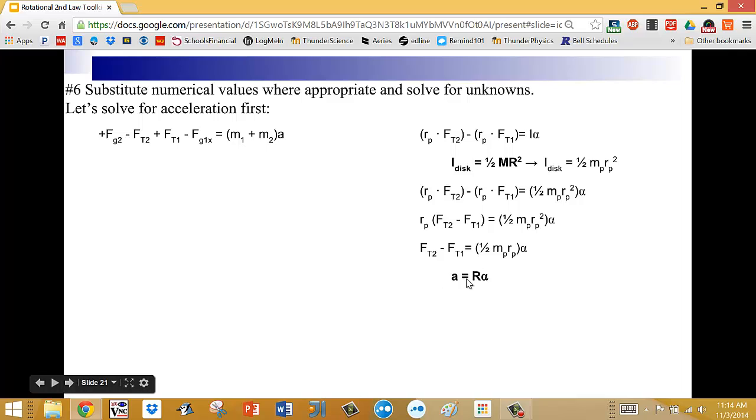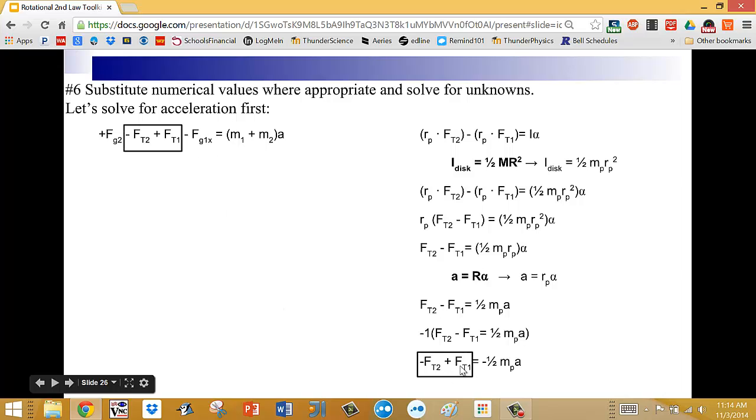And then we use our bridge equation, a is equal to r alpha, or the tangential acceleration is equal to r alpha. So using our variables, we're going to use r sub p. Let's plug r sub p alpha back into this equation so that now our equation is written out like this. I'm going to multiply both sides by -1, because that will help us plug this equation into that equation there.